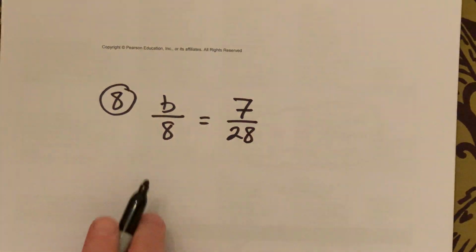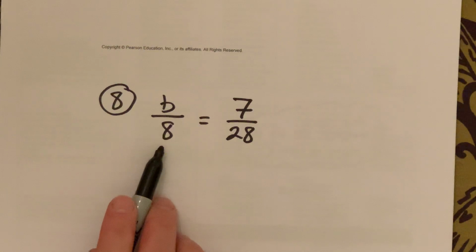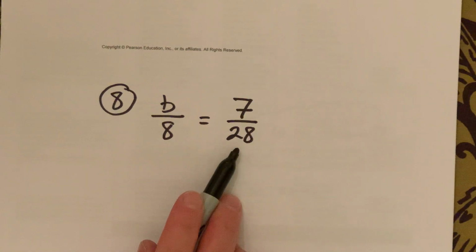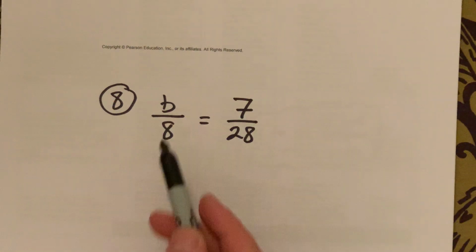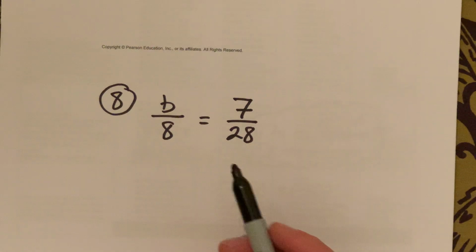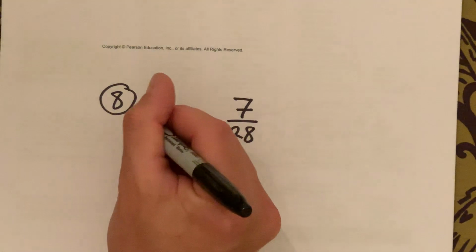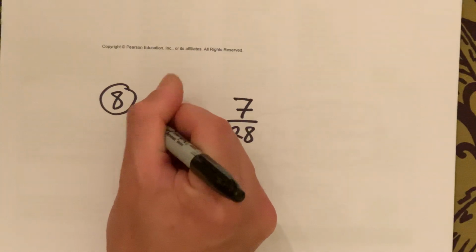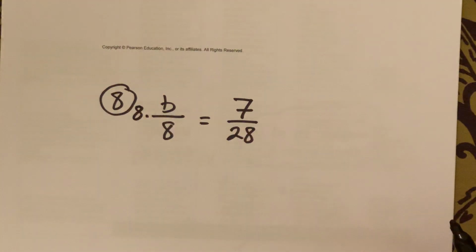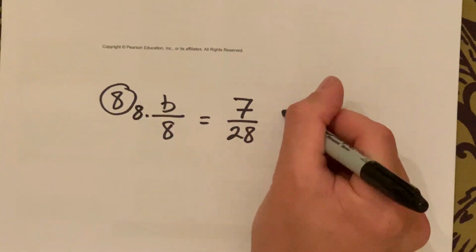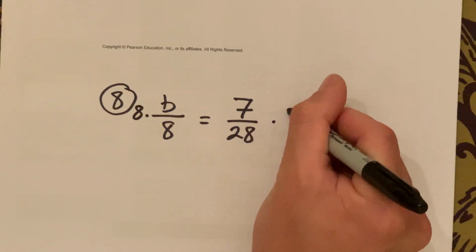So already I know I can't use mental math, because what can I do to 8 to get to 28? I can't do anything. But I know how to get rid of 8 as a denominator. I multiply it by 8. And if I multiply by 8 on one side, I multiply by 8 on the other side.